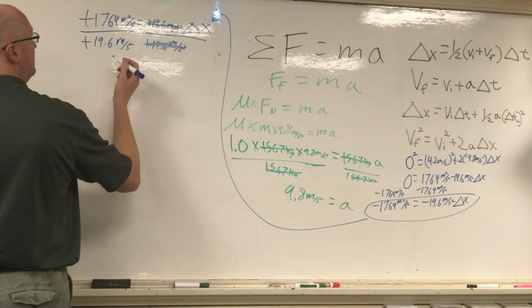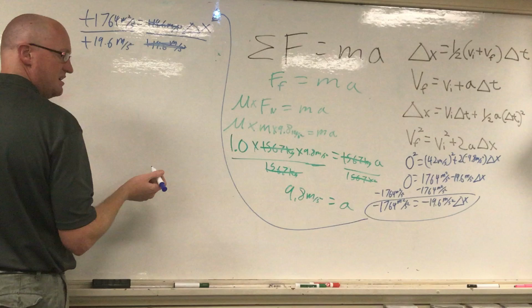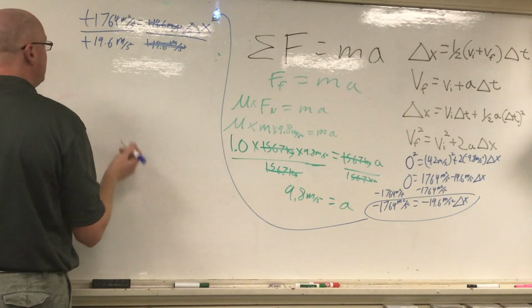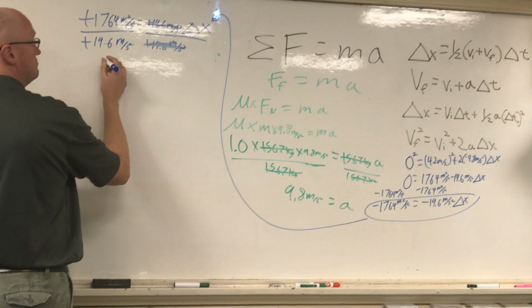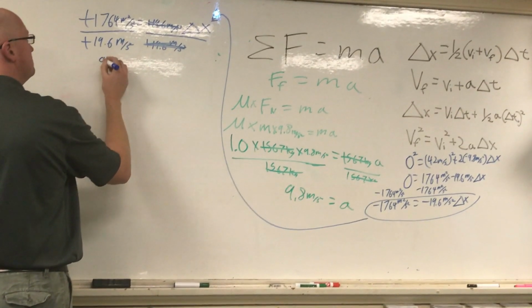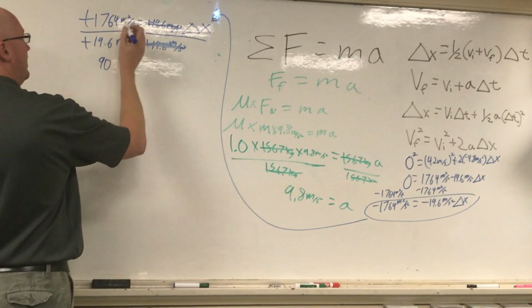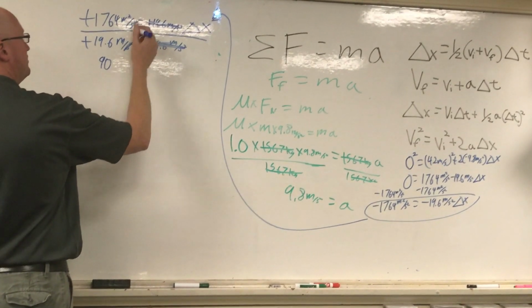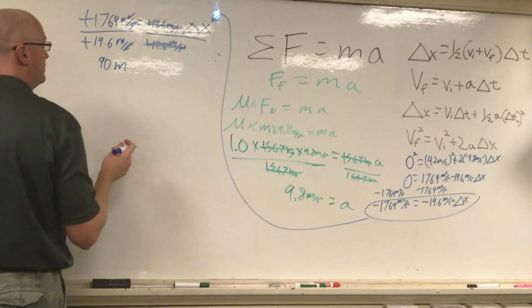And let's see. If I divide these together, I actually, ironically enough, get 90, pretty much exactly. So I end up with 90. Now, second squared cancels second squared, meters cancel meters per second, and I get 90 meters.